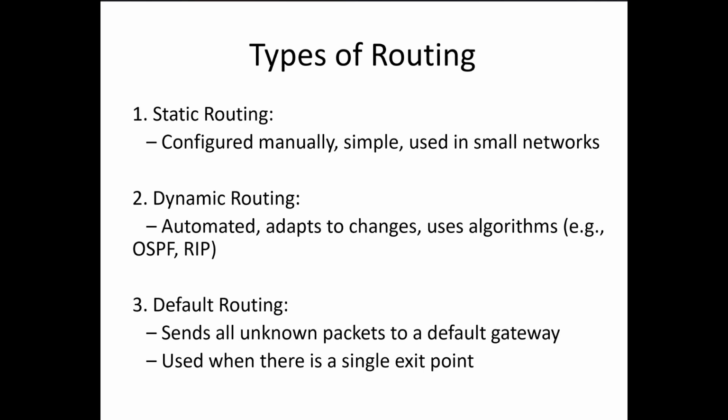Let's think you are present in a huge building, and there is only one gate, right? So all the people present in the building will be using that one gate only for the exit. So similarly, in default routing, there is only one way out for the packets. So this is mainly what is meant by default routing.